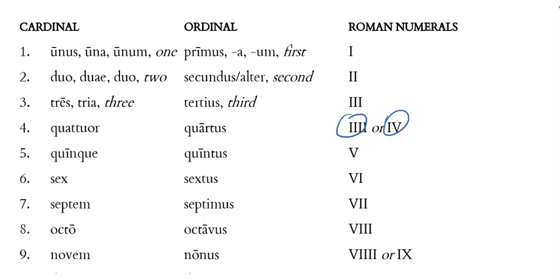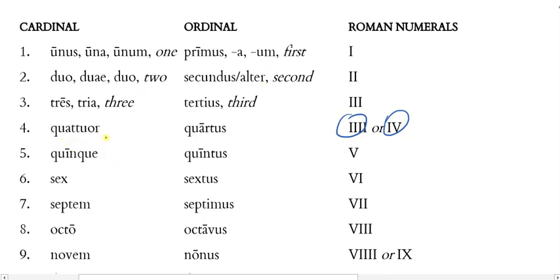All right, so let's read these, and I'll just ask you to repeat after me. We'll read the cardinal numbers, and then we'll read the ordinals. Okay, so unus, una, unum. That's one. Duo, duae, duo. Two. Tres, tria. Three. And then I don't write down all of the meanings of these. You've got them from the column here, but just to sort of start the pattern there.